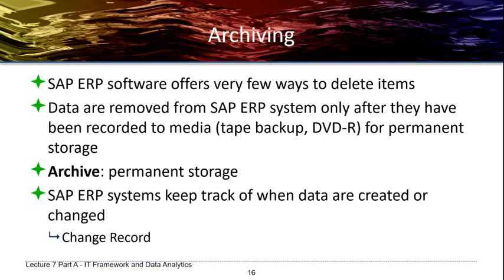ERP software also offers very few ways to delete items. Data are removed from SAP, Oracle Financials, or similar ERP systems only after they have been recorded to a medium like a backup tape drive or permanent storage. ERP systems keep track of the data created or changed, so they keep change records.